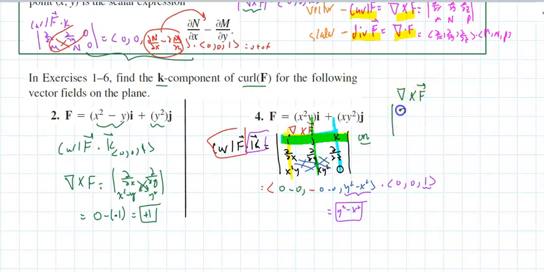That would be the partial with respect to x, the partial with respect to y, and x squared y, x y squared. The partial with respect to x is y squared, minus the partial with respect to y, which would be x squared. And there it is. No need to go through all of that pain.